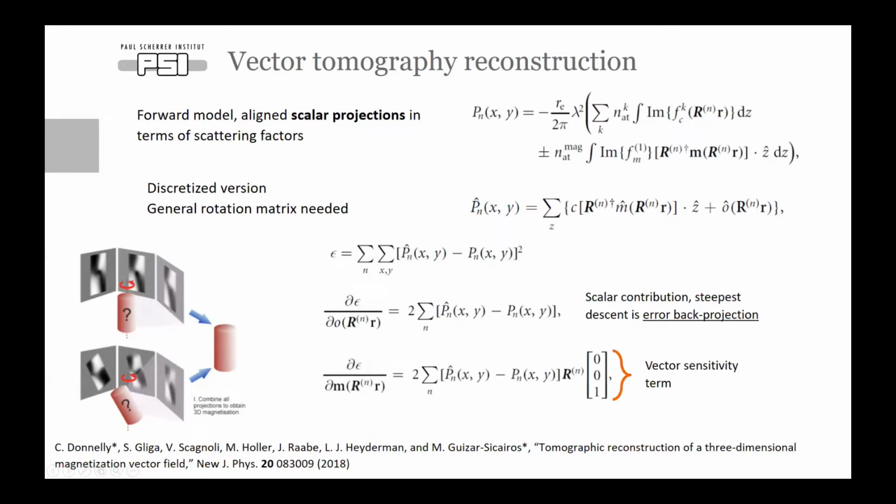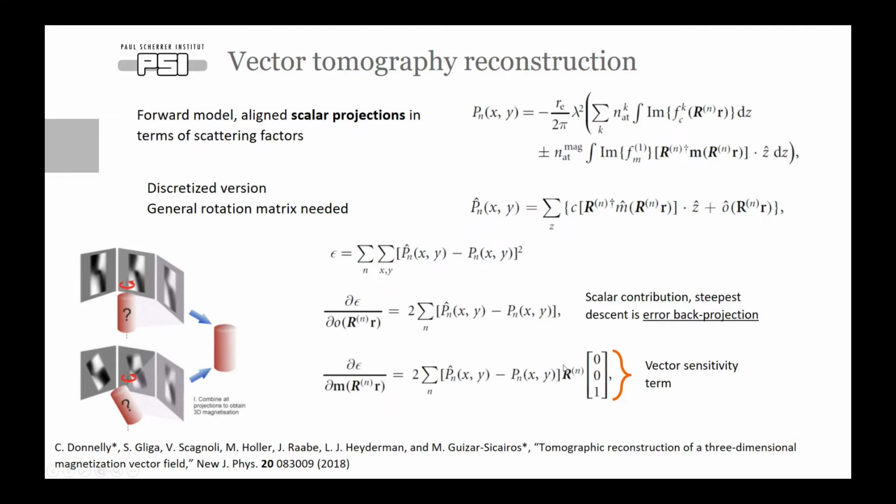For the magnetization, things are a bit more interesting, but it was surprisingly not so complicated. Here, again, the error is going to be back projected, but we're going to multiply this by a vector sensitivity term. This tells us which direction of magnetization component was contributing to the projection for a given orientation.